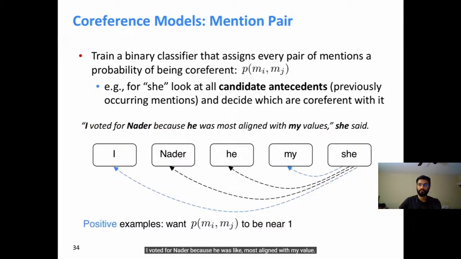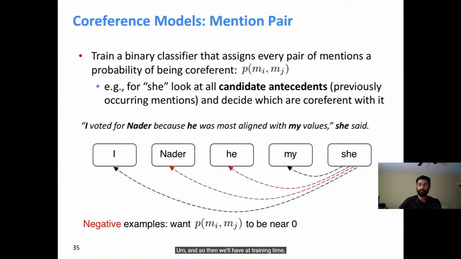I voted for Nader because he was most aligned with my values, she said. If we have a good classifier, it'll say yes to the two blue ones and not to the rest of them. And so then we'll have, at training time, negative examples, that Nader and he are negative examples.